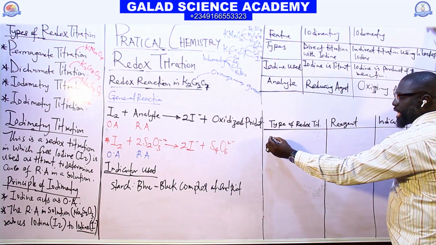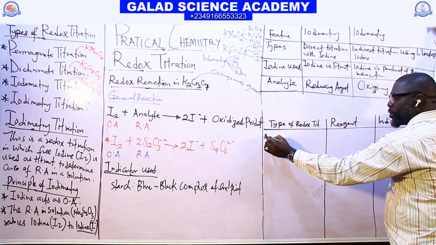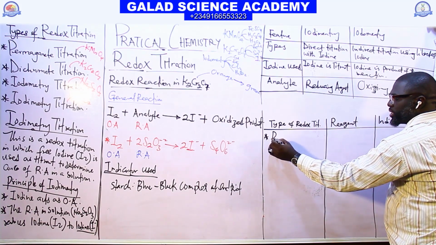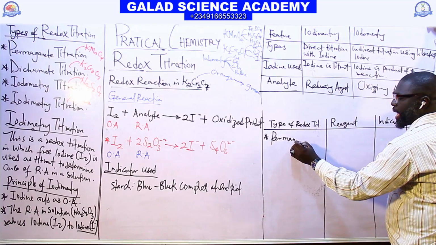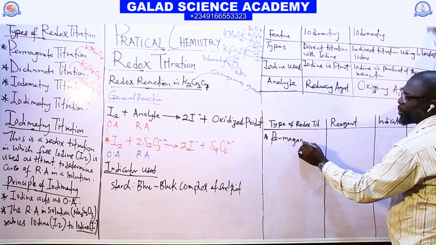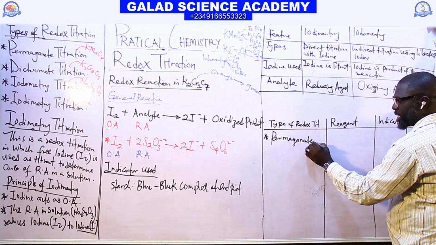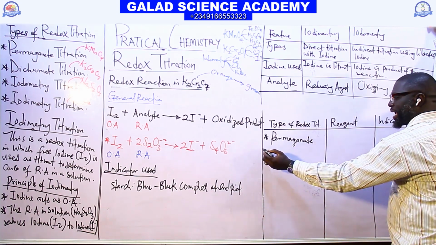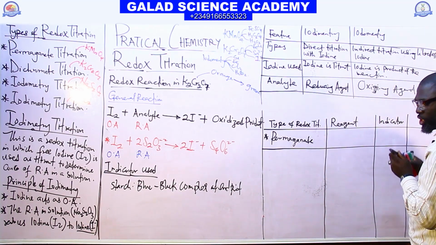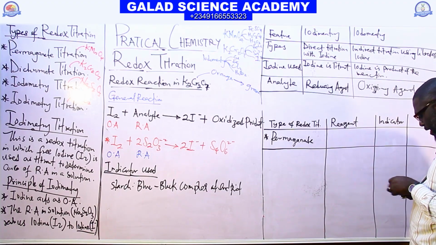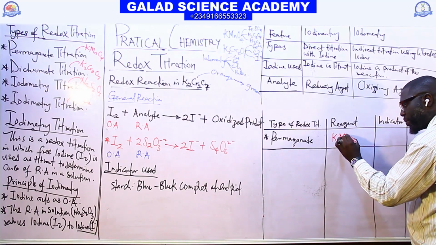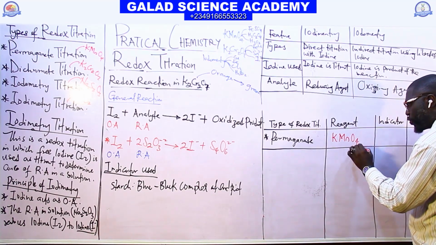What is the first type of titration we have? We have permanganometry, or permanganate titration. In permanganate titration, what reagent is used? The reagent used here is KMnO4.